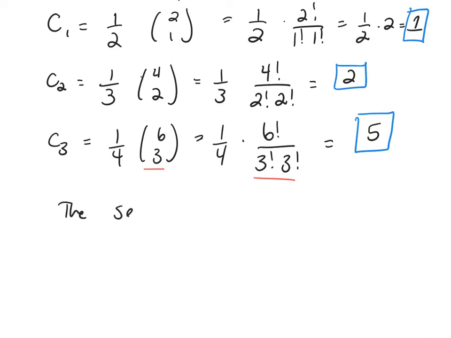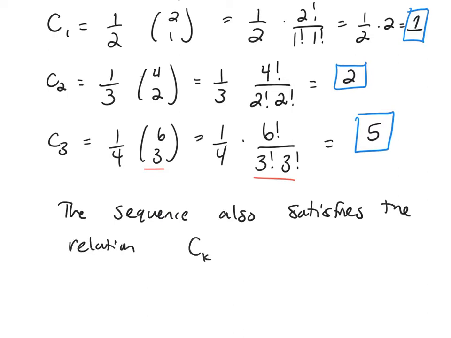The sequence of Catalan numbers also satisfies the relation C sub k equals 4k minus 2 over k plus 1 times the previous Catalan number.